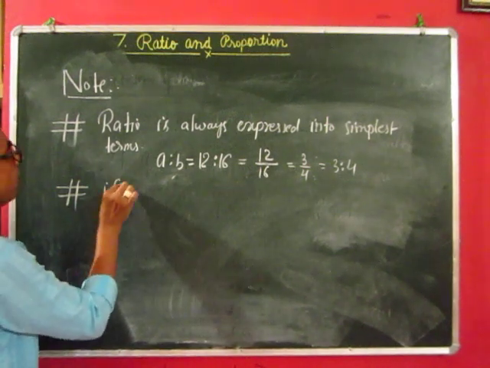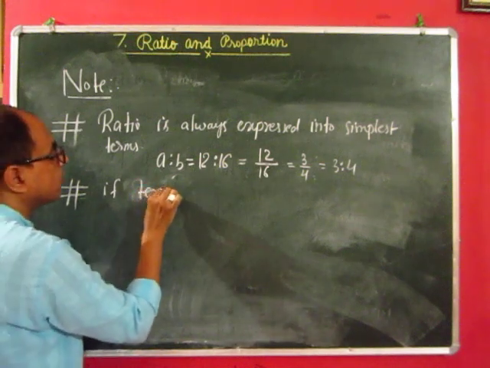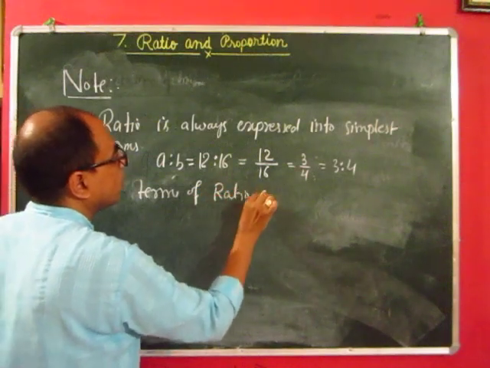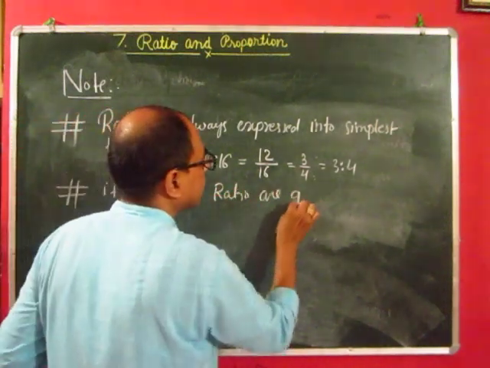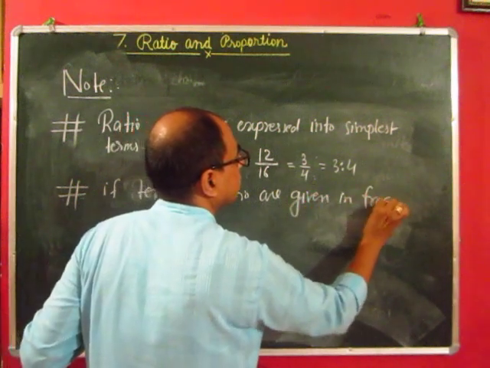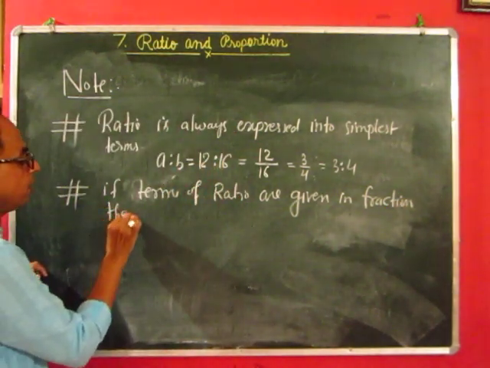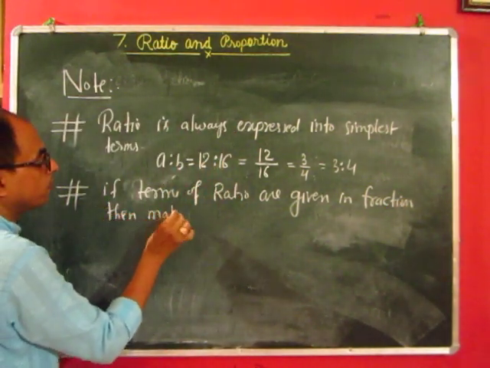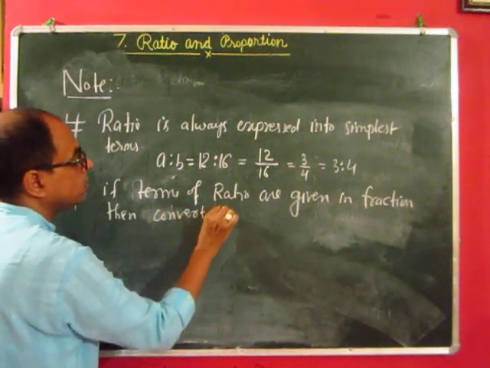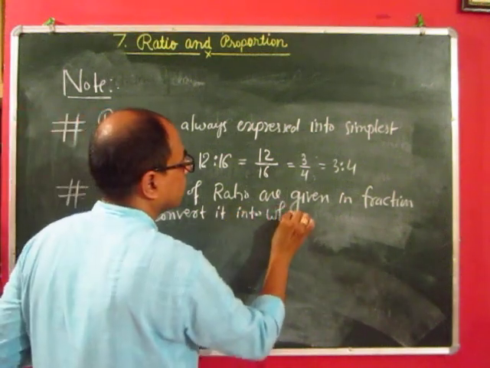if terms of ratio are given in fraction, then convert it into whole number.